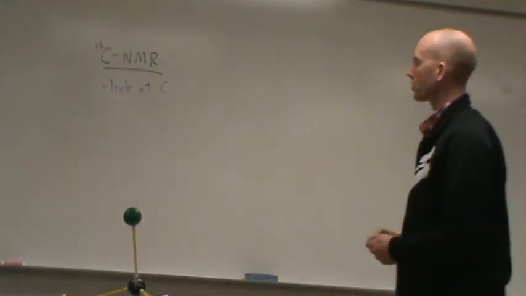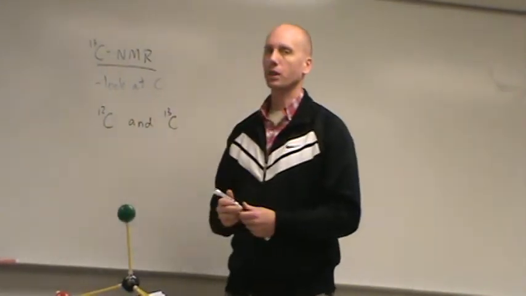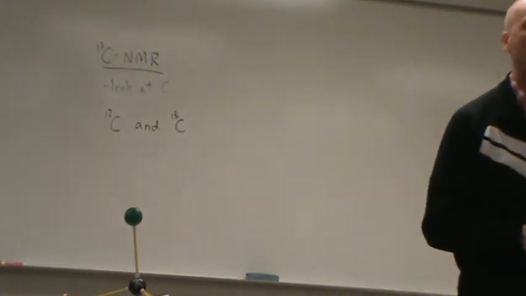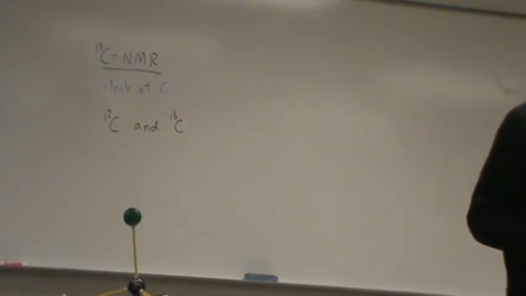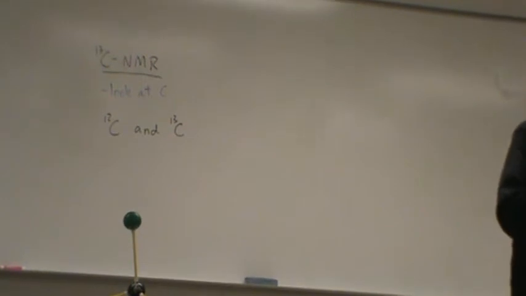Well, there are two major types of carbon atoms. The two major types are carbon 12 and carbon 13. What are those two carbons called of each other? They are called isotopes, where they differ by a neutron.